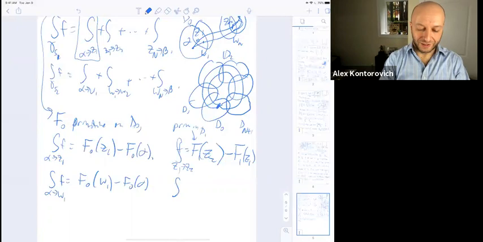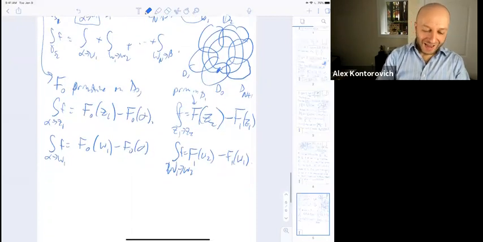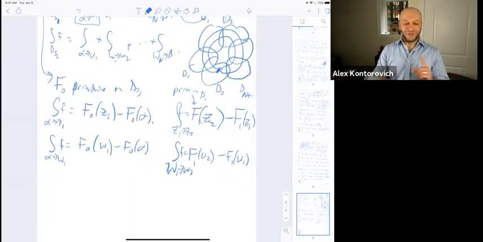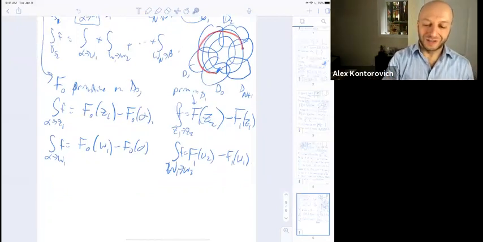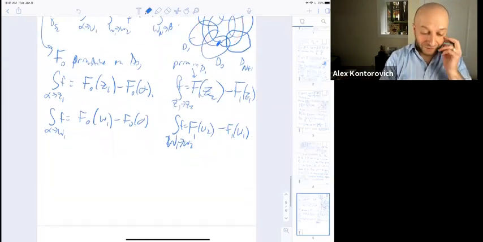And similarly, there's an integral from w1 to w2 of f, which is F1 of w2 minus F1 of w1. And the primitives differ by a constant. No problem with that. I'm not trying to make a uniform primitive, but on two disks, the primitives differ by a constant.